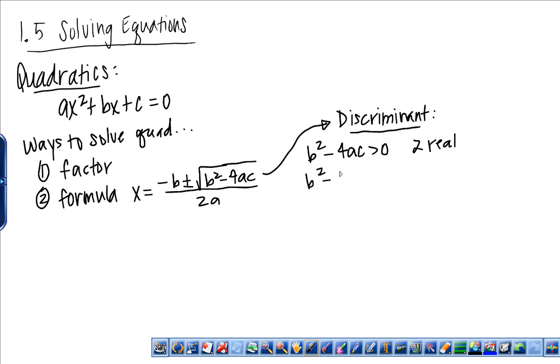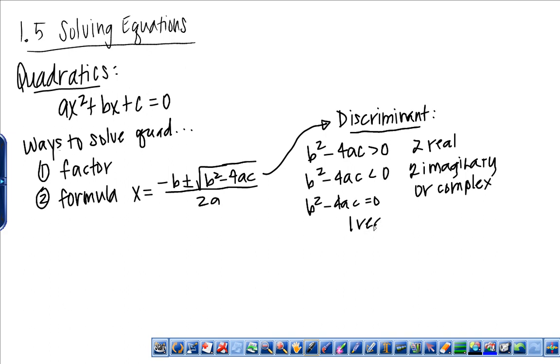If your b squared minus 4ac is less than 0, then you're still going to have two answers, but they're going to be imaginary, or they could be complex. And if your b squared minus 4ac is equal to 0, then you're going to have one real answer, but it could be a repeating answer.